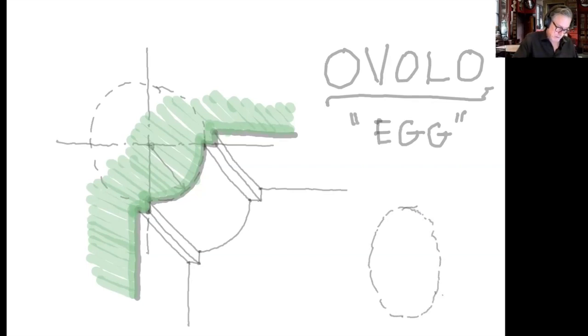And that's fine, it's still an ovolo. It might look something like this. Still an ovolo, but more often than not, you see it as a quarter of a circle.